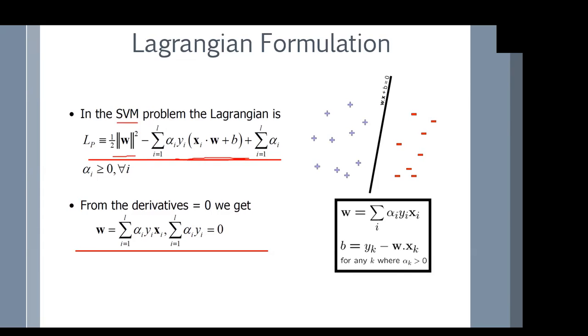Rigorously speaking, I should include into my sum all points in my data set, each with some alpha. So for 1 billion points, I have 1 billion Lagrangian multipliers. And I also request that all Lagrangian multipliers should be positive, because I'm interested only in the positive margin.